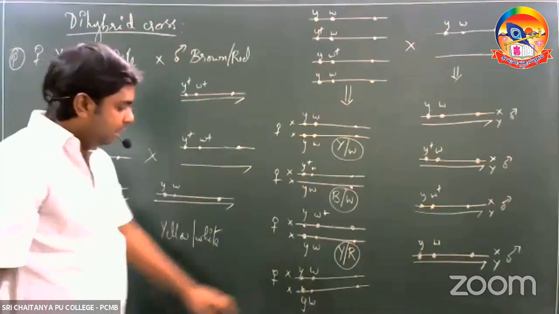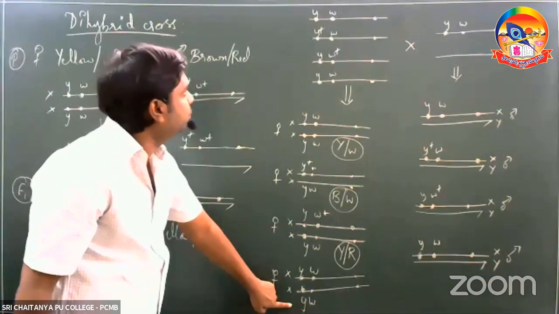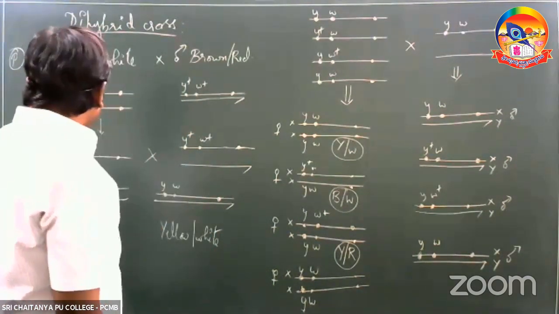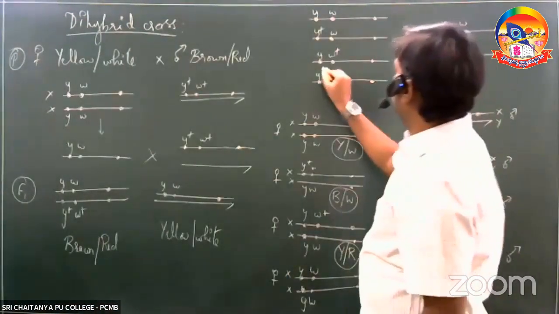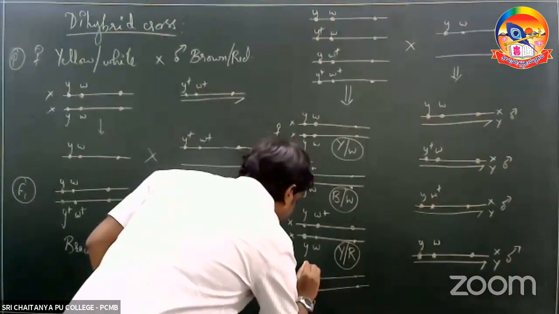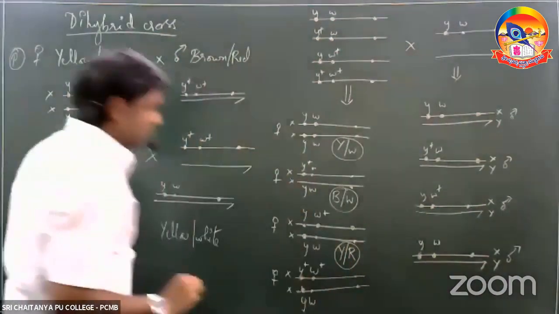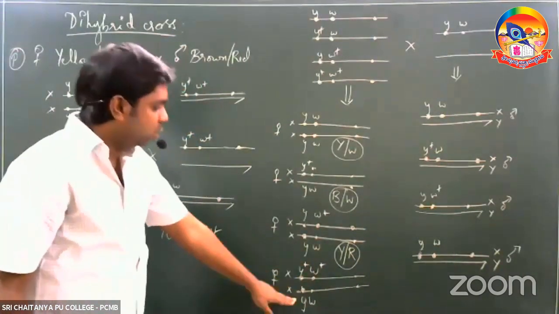And in the last condition, again, y and y both are recessive. Excuse me, actually the last one would be y+ here. So the last one here would be y+ and w+. Here again, both are heterozygous.